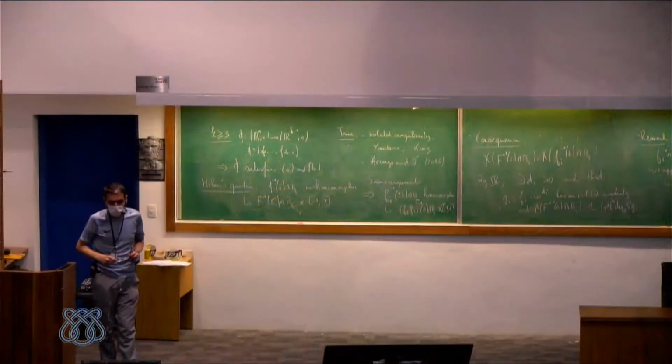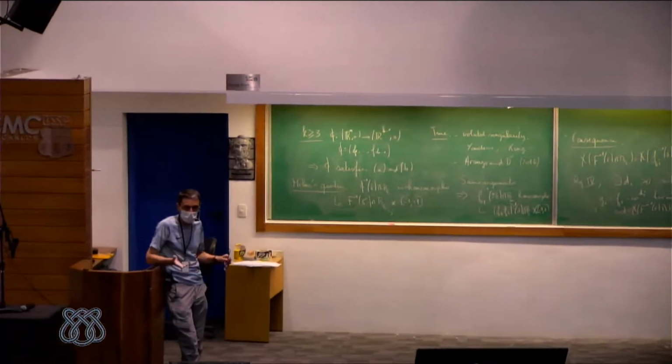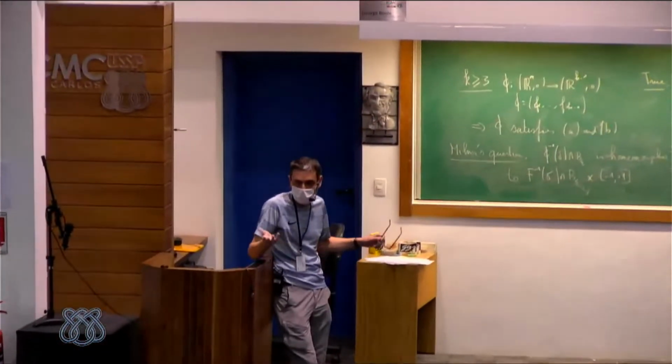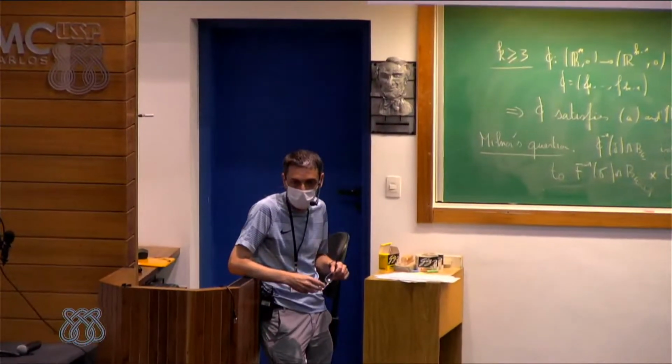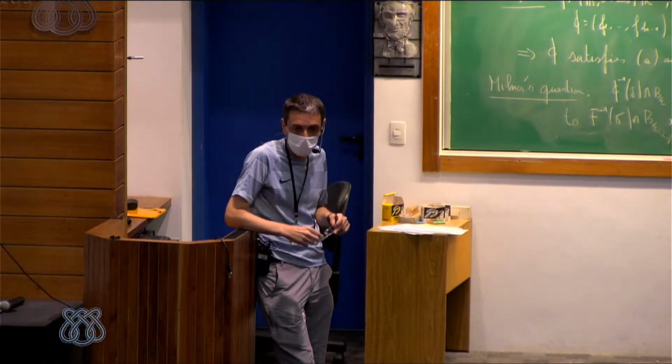What? No, I just mean that the singular set is included in the zero set. And when we are outside the zero set, you have a compact intersection. But this is just a topological condition.